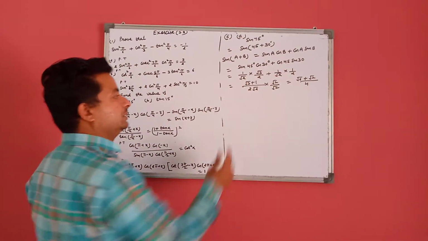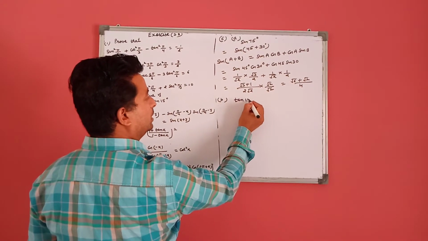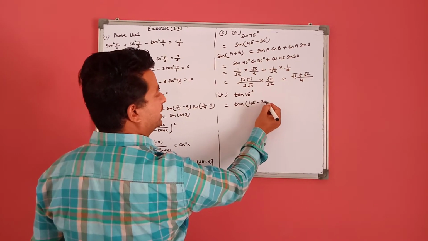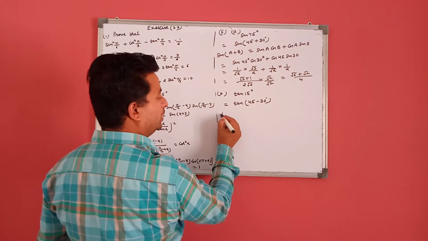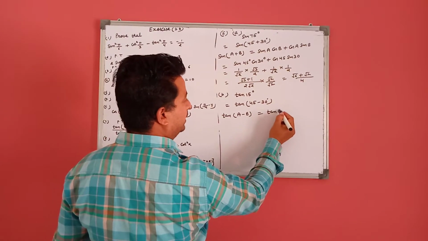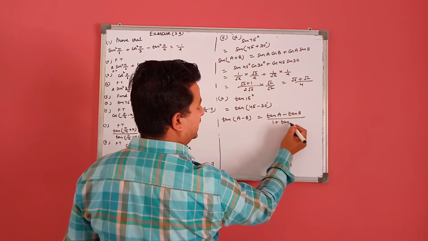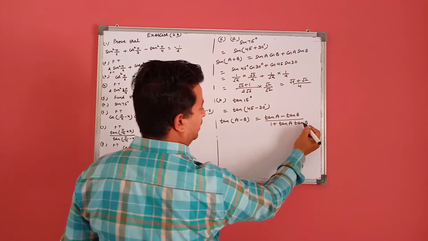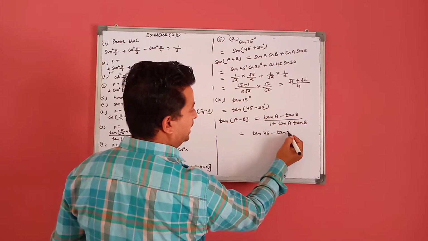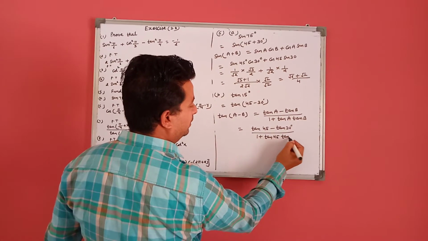In question number 2, that is B part, we find the value of tan 15 degree. We write this as 45 minus 30, and the formula of tan(A minus B) equals tan A minus tan B over 1 plus tan A tan B. This becomes tan 45 minus tan 30 over 1 plus tan 45 tan 30.